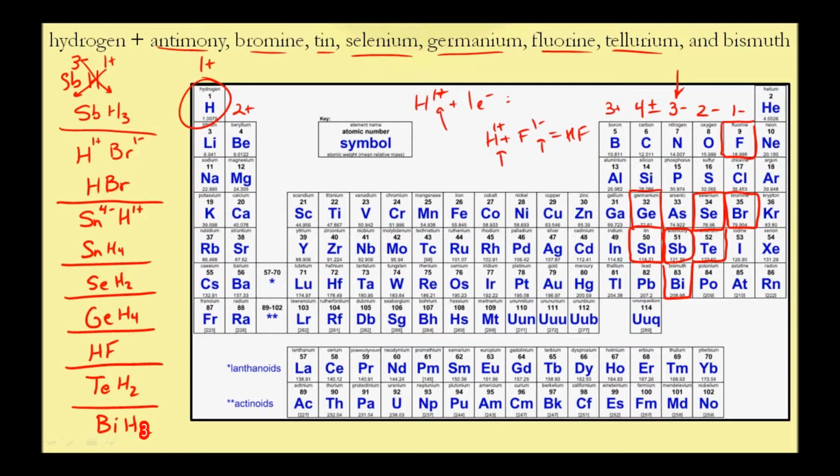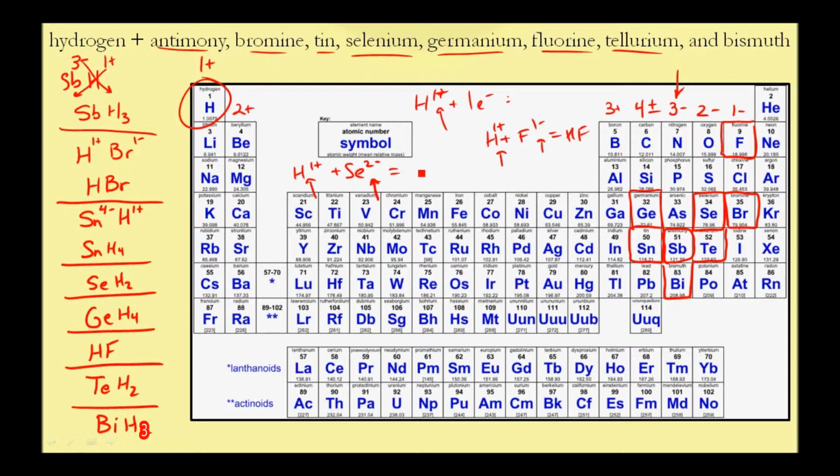And when we have something like hydrogen bonding with selenium, where it's H1 plus and Se2 minus, the Se has 2 extra electrons, and the H only needs 1, so it can't take both of the extras from selenium.